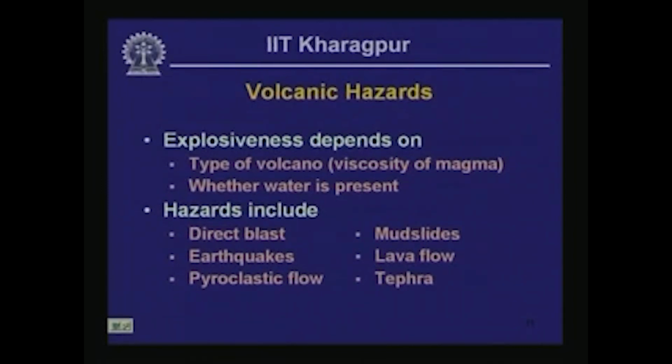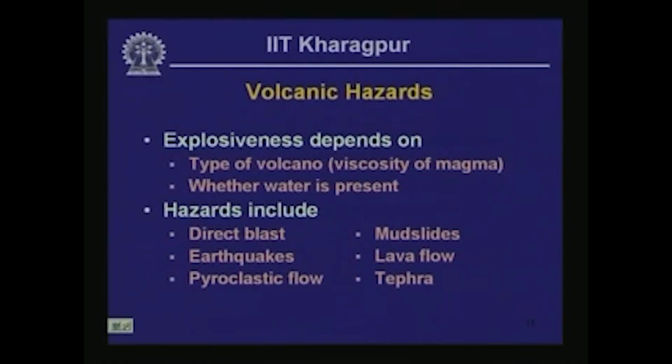And the second aspect that is important in this context is whether water is present in close proximity where the volcanism is taking place. What kind of hazards do we need to consider here? They include direct blast, earthquakes, pyroclastic flow, mudslides, lava flow, and tephra.